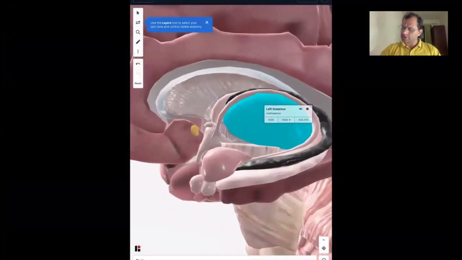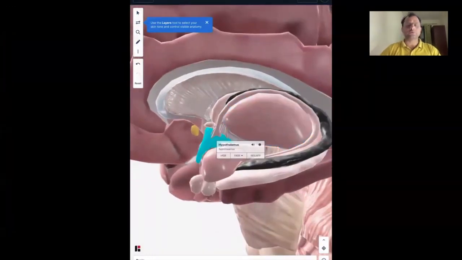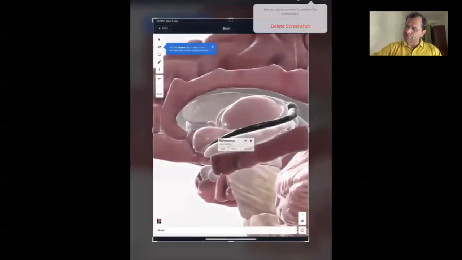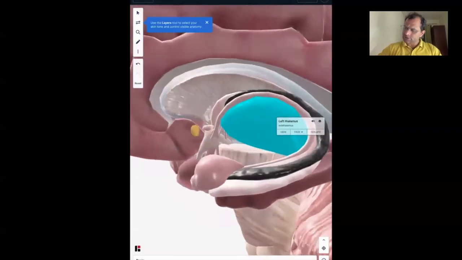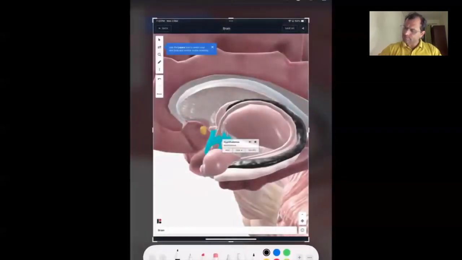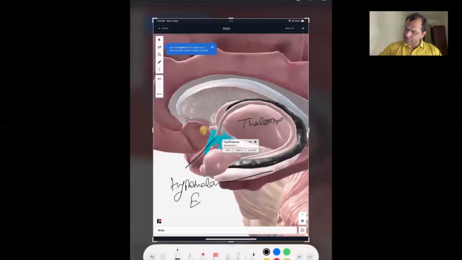So we can see the thalamus, and below the thalamus, this is the hypothalamus. Hypo means below. So this is the thalamus and this is the hypothalamus. Hypothalamus is connected with the emotions. It's very important.